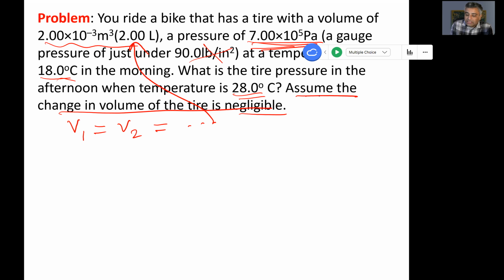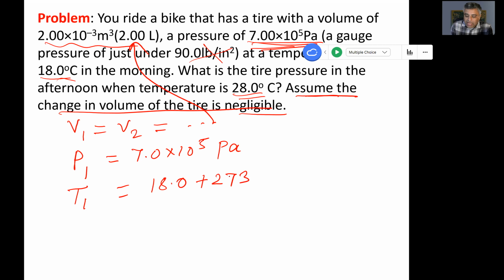That's what it means, right? And pressure at one temperature is 7.0 times 10 to the power 5 Pascal, and that temperature is 18, this is Celsius. So to convert Celsius into Kelvin, we need to add 273 and it becomes Kelvin.